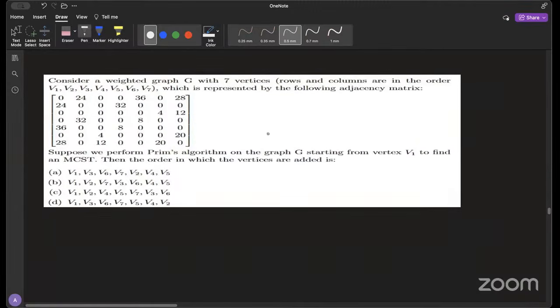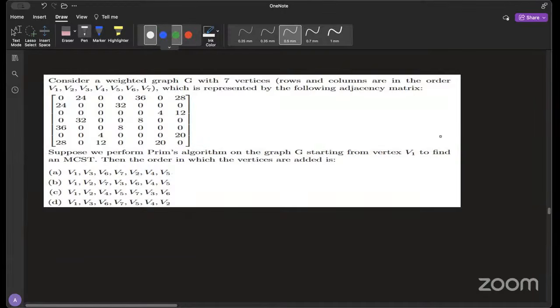So let's move to the next one. In this one, it's been mentioned that you have to use Prim's algorithm, and because you have to write the order, it does matter that you do this question using Prim's algorithm only. Don't do it using Kruskal's algorithm. You'll get a different answer, and that will be incorrect because you have to find the order here.